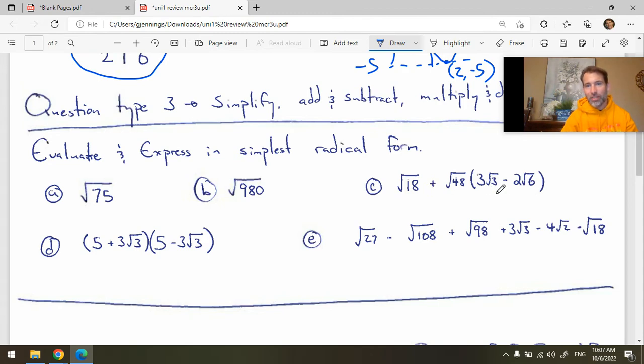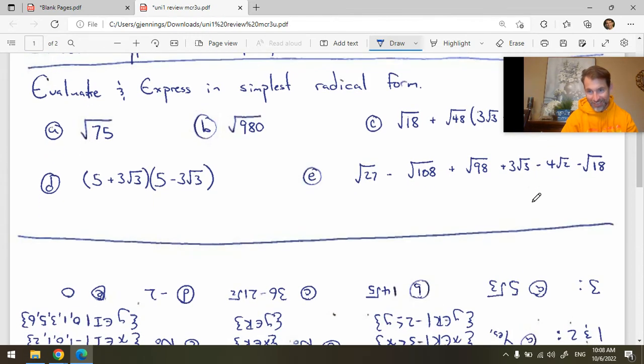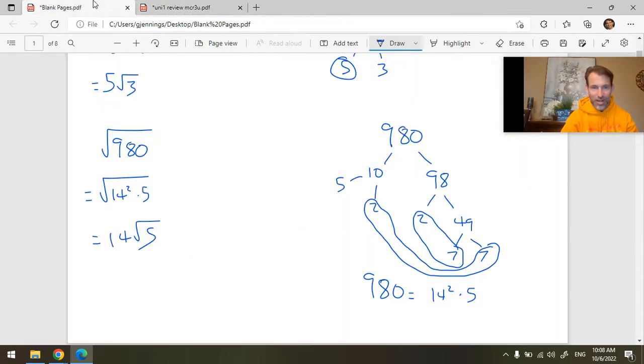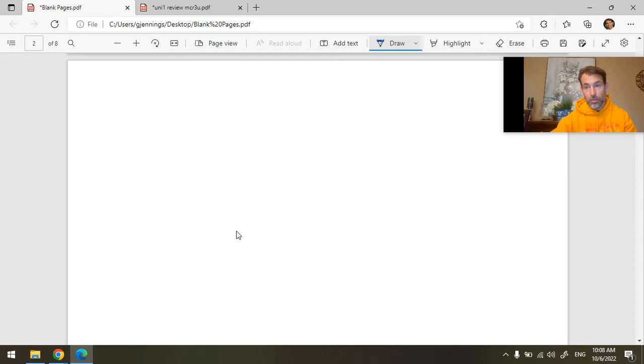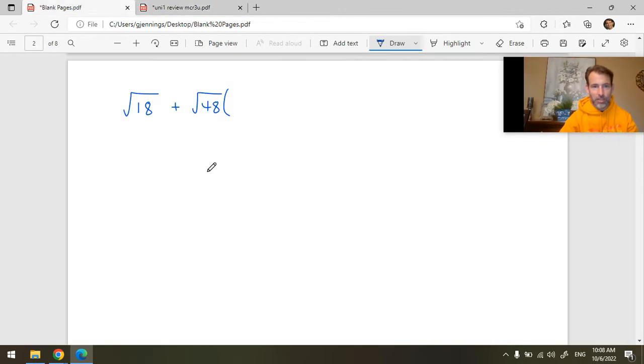Okay, the square root of 18 plus the square root of 48 times 3 root 3 minus 2 root 6. Youch! Let's try it. First step, copy it out carefully and accurately and tidily. Plus square root of 48 multiplied by 3 root 3 minus 2 root 6.